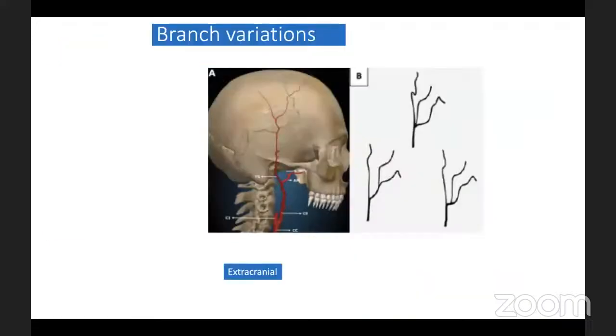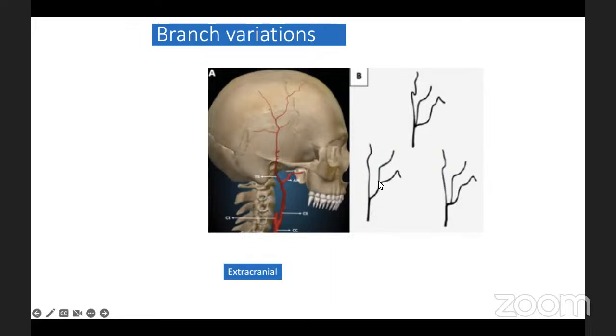So there are minor variations that can occur in the middle meningeal artery other than the embryological variations. This is the branch variation. Usually the branch bifurcation occurs at the terion, but sometimes the branch bifurcation can occur extracranially as well. Sometimes the accessory meningeal artery and middle meningeal artery can have a common trunk followed by division.